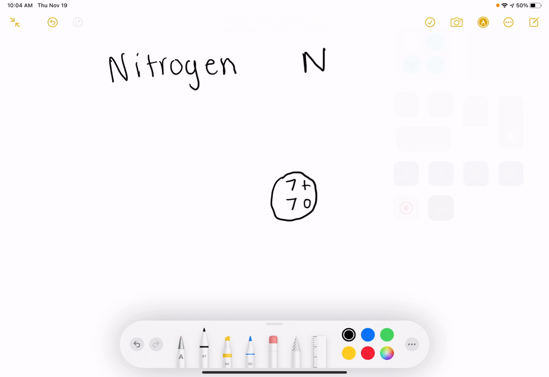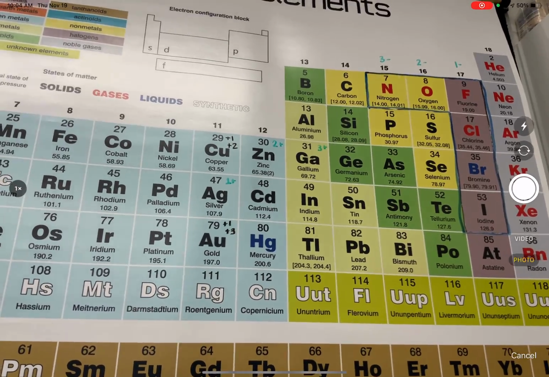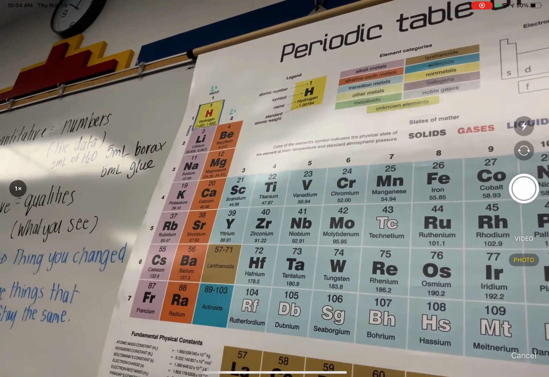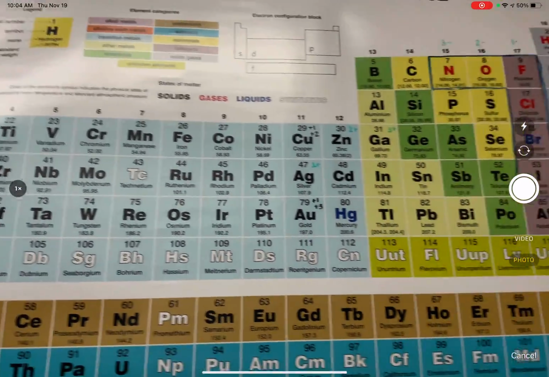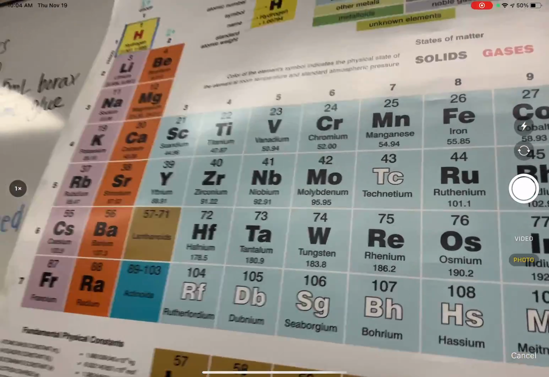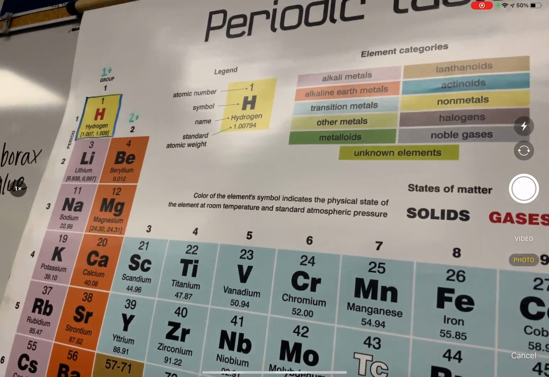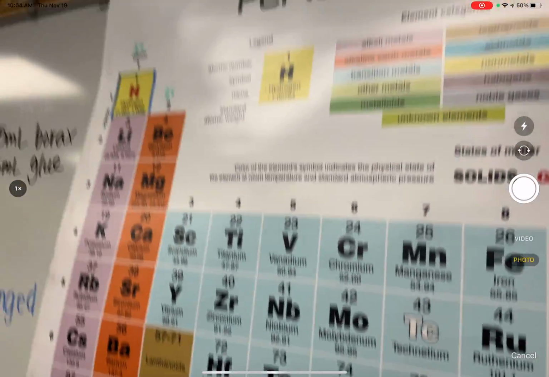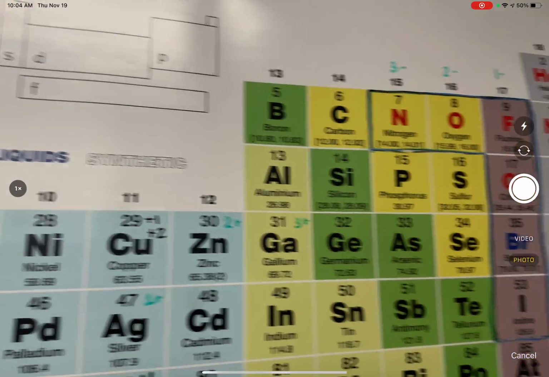To figure out how many circles we need in our Bohr diagram, we can look at the periodic table and count from the top, at hydrogen, down the periods to where our element is, which row it's in.